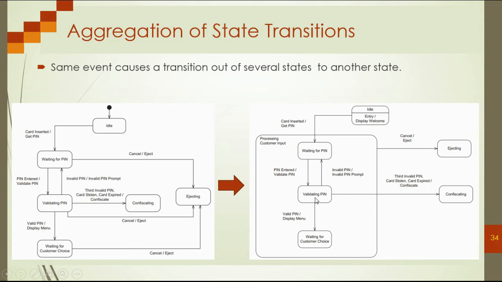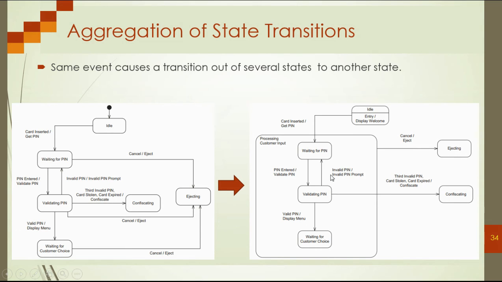However, in validating the PIN, in case the third attempt fails or the card is stolen, we go to the confiscating state. The confiscating state can come only from validating the PIN. So in this case, the composite state allows you to specify the one state as the source of the transition.